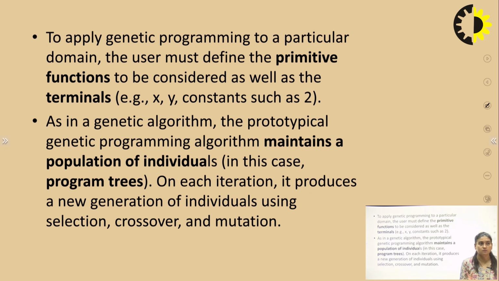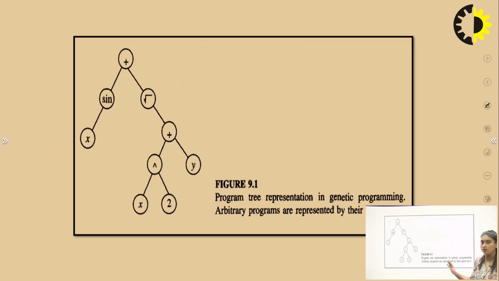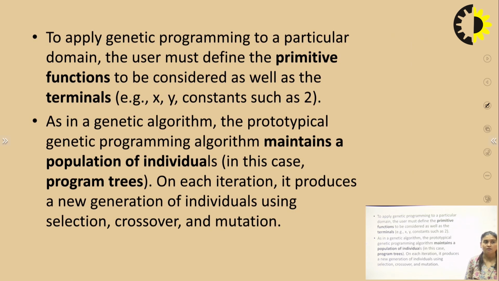So there are two things we have to consider before applying GP. For example, X, Y, and constants like 2, 3, 4. As you can see in this figure, there are some operations, plus, minus, some numbers 2, 1, and variables like X, Y. So we have to define all these things before performing GP.